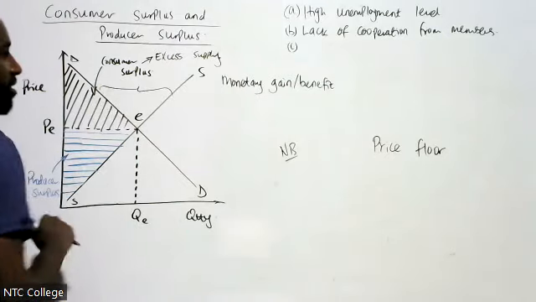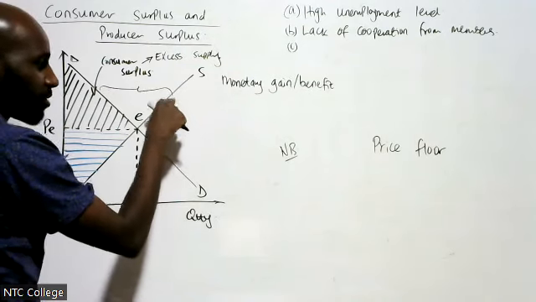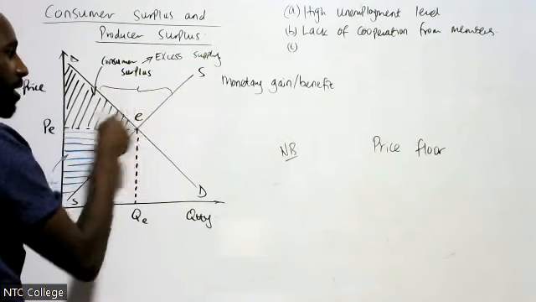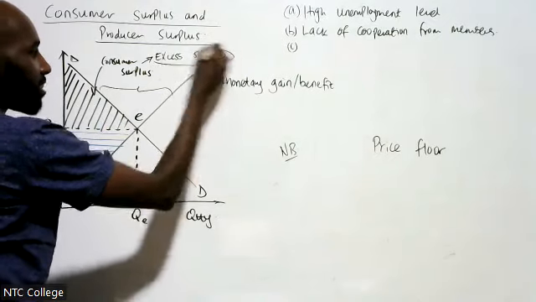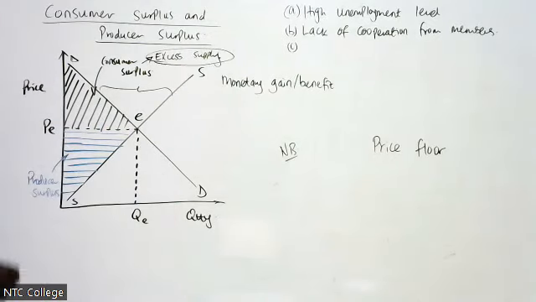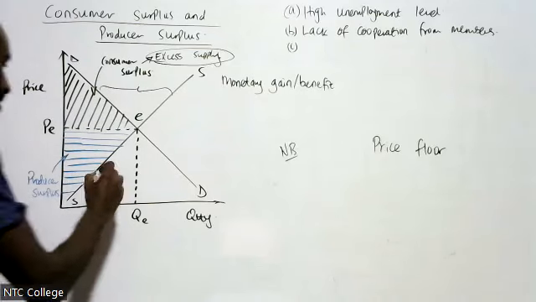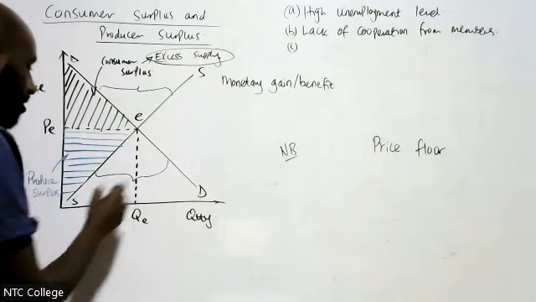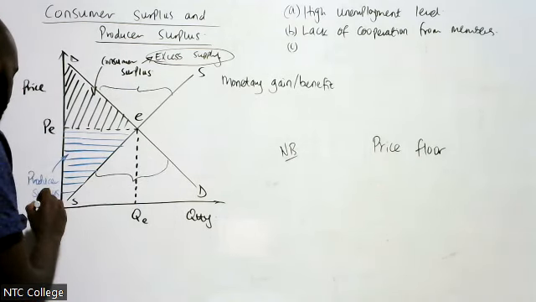So supply is more than demand. Under excess supply, prices will basically go down. So consumer surplus is experienced during excess supply, while producer surplus is experienced during excess demand.